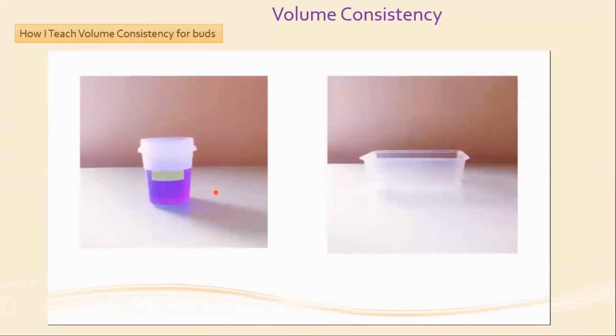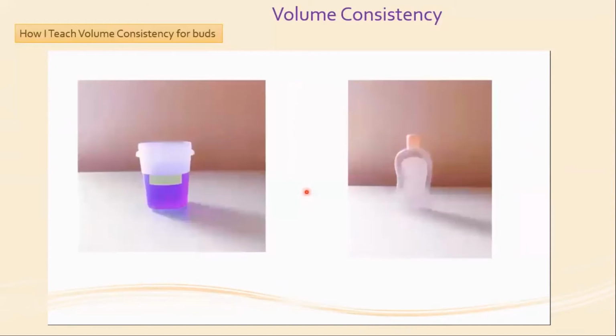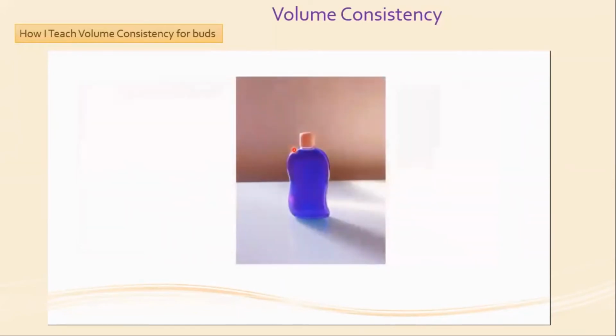Once I pour it into the bowl, look how much water we have in this bowl. Not a lot, right? Now I take my second glass and pour it into the bottle. Here it is. I have filled this bottle all the way to the top.